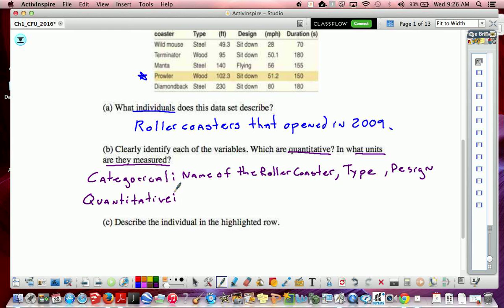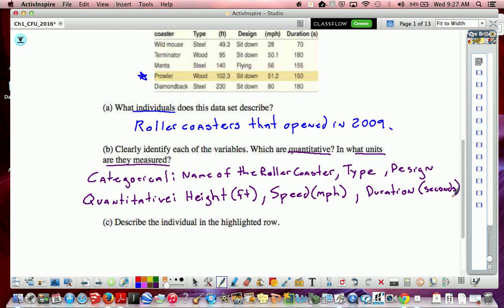So quantitative values here, we're talking about the height, and that is measured in feet. Then you have the speed of the roller coaster. How fast does it get? That's measured in miles per hour. And then the last is the duration. Basically, how long does the roller coaster go for? That's measured in seconds.